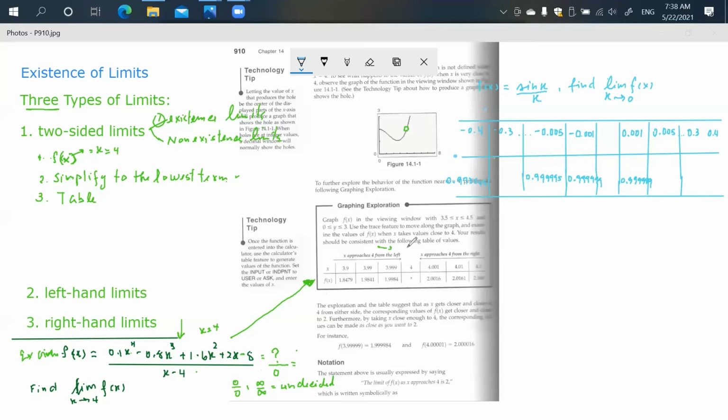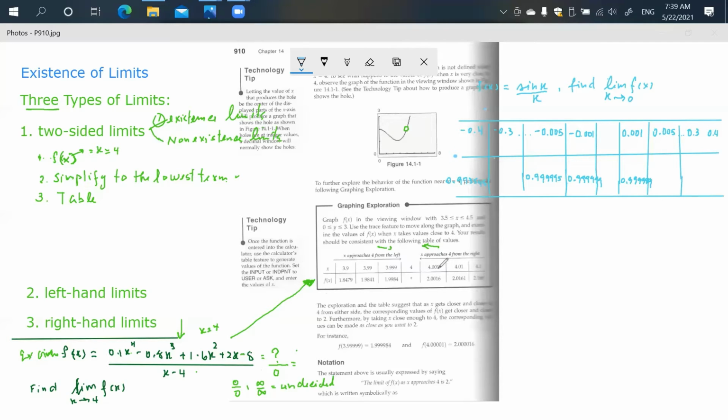Because we approach 4, from the left you replace x with values closer and closer to 4, like 3.999, and in this case the y value comes out to 1.9984. From the right, you substitute x approaching 4 as close as it can.